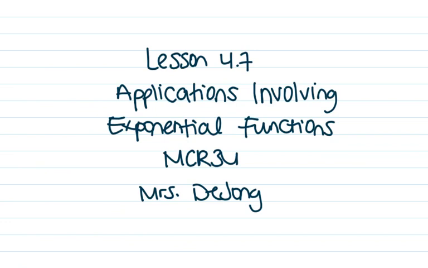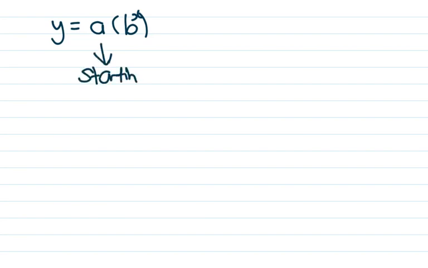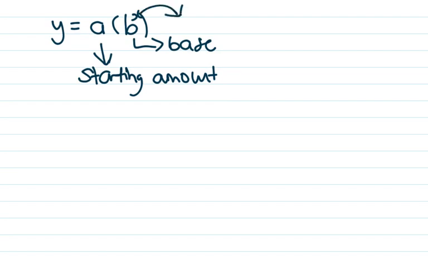All of these examples involve three things: some sort of starting amount, A, either a growing or decaying factor, B, and a number of growth or decay periods, which is X. Therefore, the general form of the equation we'll consider today is y equals a times b to the power of x, where a is the starting amount, b is a growing or decaying factor, which is the base, and x is the number of growth or decay periods.